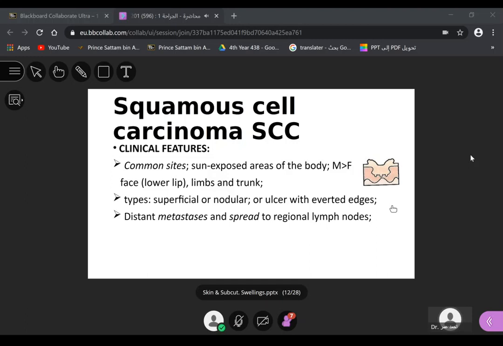So this is one main difference: basal cell carcinoma almost never metastasizes, while squamous cell carcinoma can metastasize very early, particularly to regional lymph nodes.